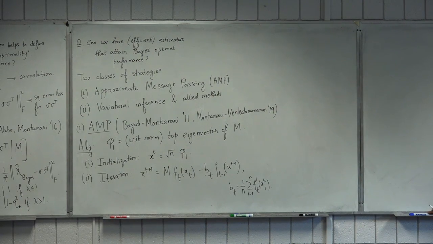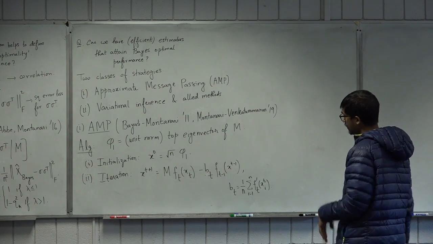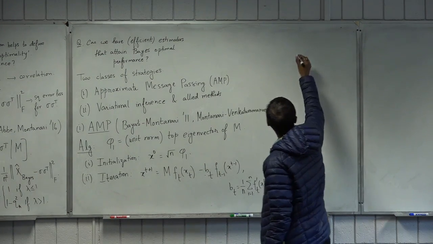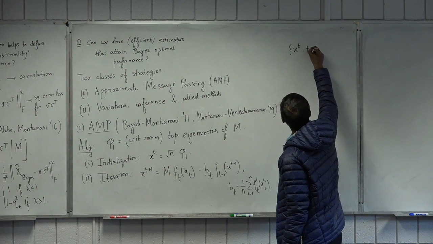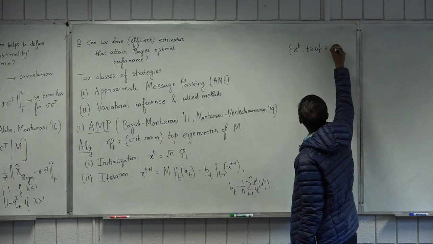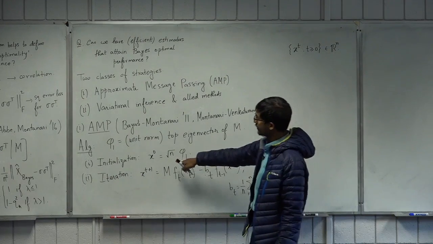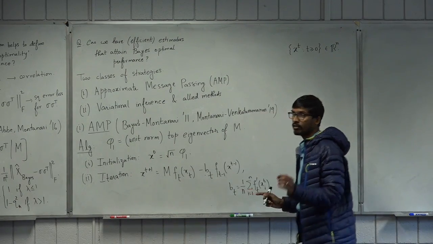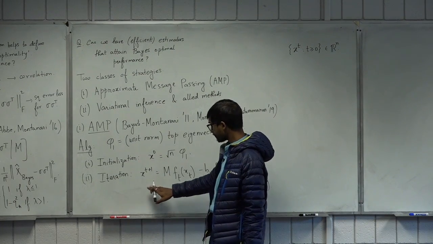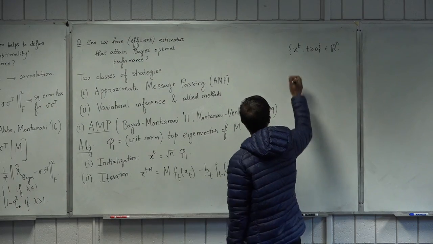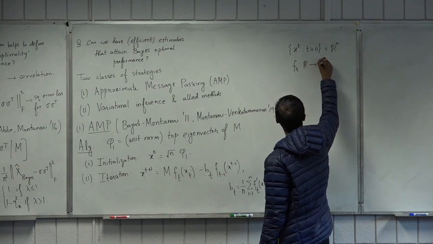Okay, so let me parse this algorithm. Turns out it's not one algorithm, but rather a class of algorithms. But what are we doing? This is an iterative algorithm, so we maintain this set of iterates xt. Each is a vector in Rn. I initialize it with x0, which is just a scaled version of my top eigenvector. Now what do I do? At each step, ft is just a function on the real line.